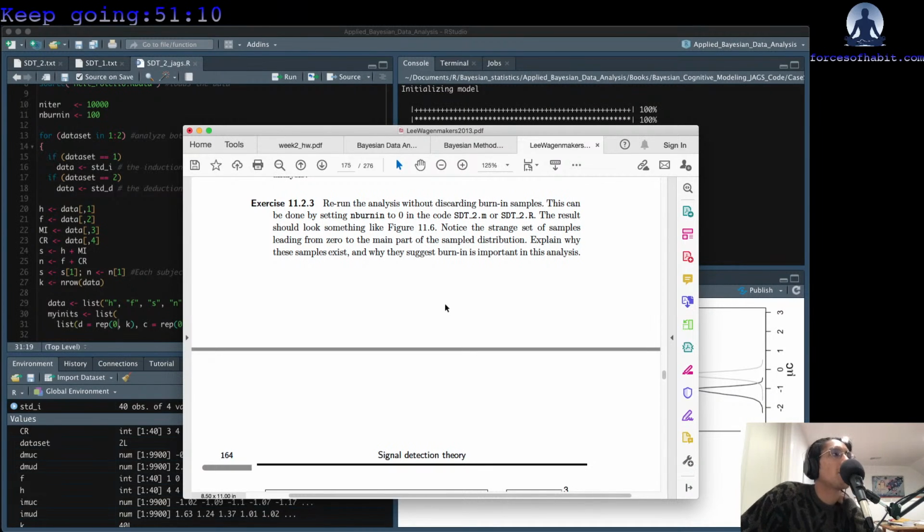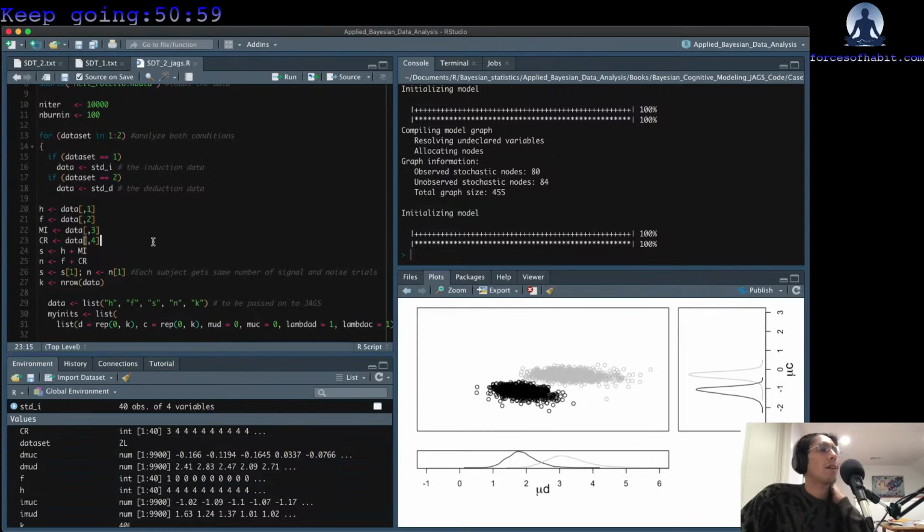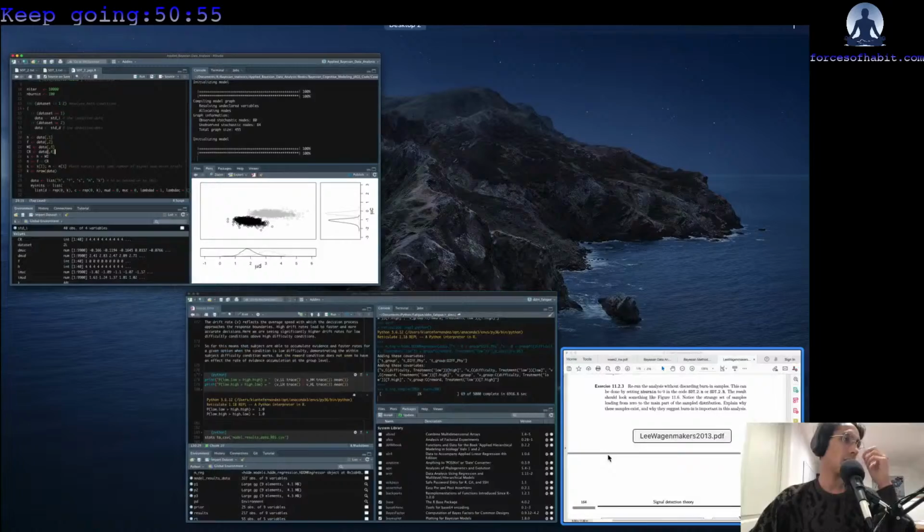But so why would this be the case? It would have to do with the autocorrelations in the chain. Then you can ask why again, and part of that would be, well, let's see.